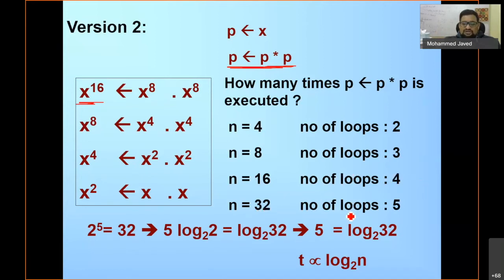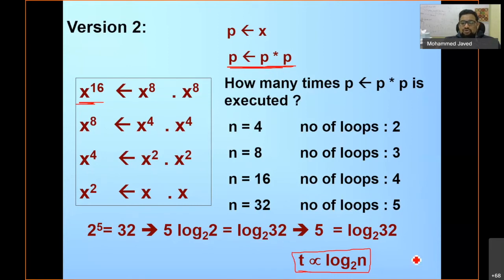And n equal to 32, the number of loops is 5, right? With this, can we generalize? Yes, we can. If 2 power 5 is equal to 32, then simply apply the log on both sides, and we see that 5 is proportional to log 32. Here you can see that t is proportional to log n.